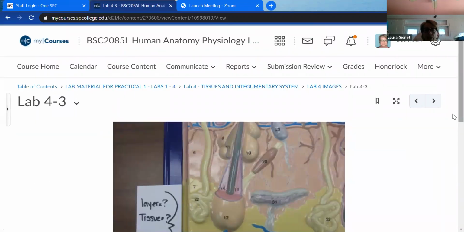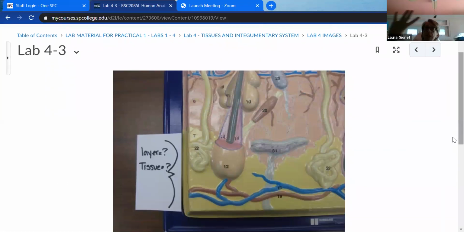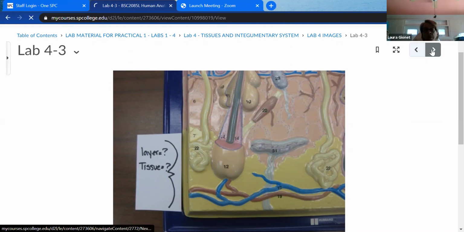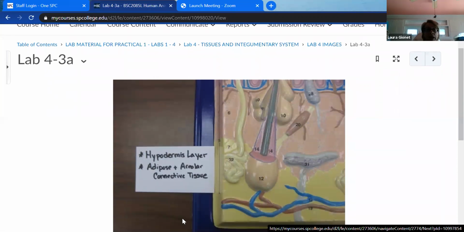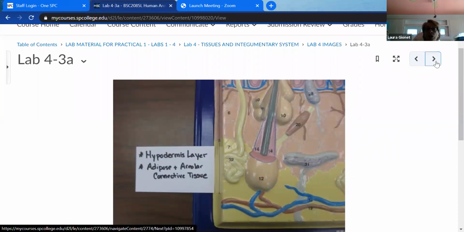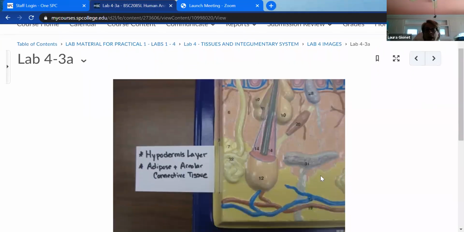Okay, then we have, lastly, that kind of yellow striped area, right? That's the deepest layer. That would be your hypodermis or subcutaneous. And we would find both adipose connective tissue and areolar connective tissue. So, how might I ask a question?